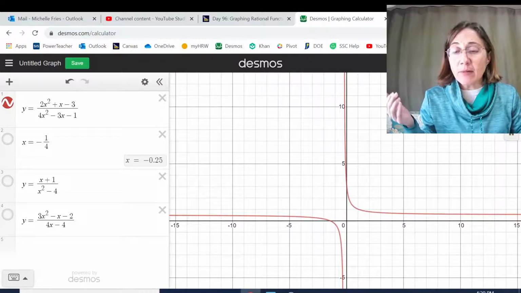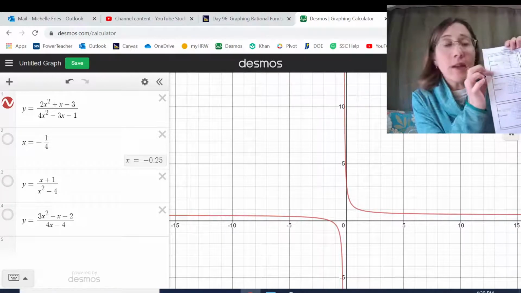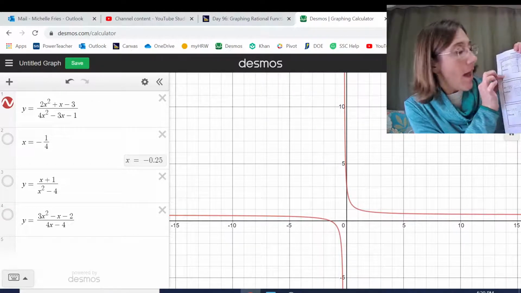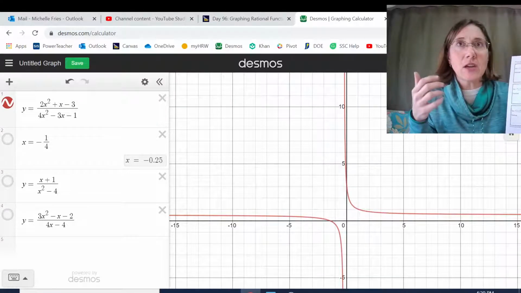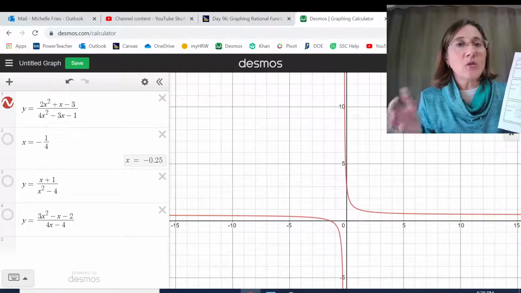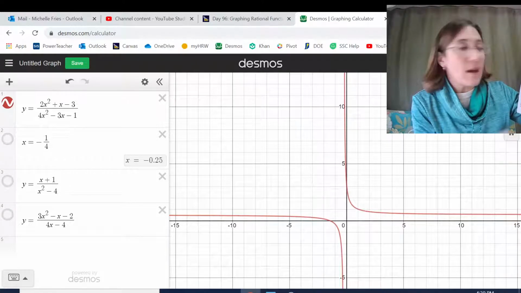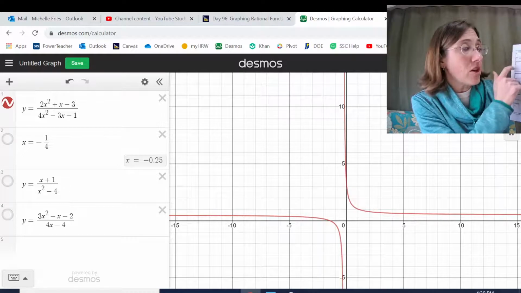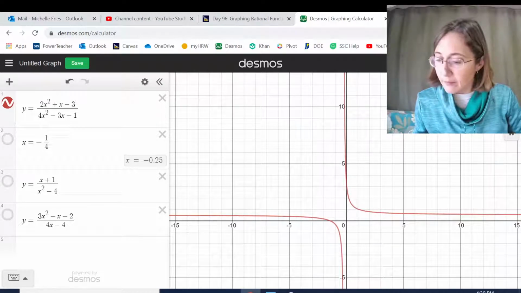So that's what you're going to be looking for. You're going to graph them, and then you're also going to factor them. So you'll factor these and see if you can notice a connection between where the asymptotes happen and what the function has in its denominator. Okay, so focus on the denominators with those.